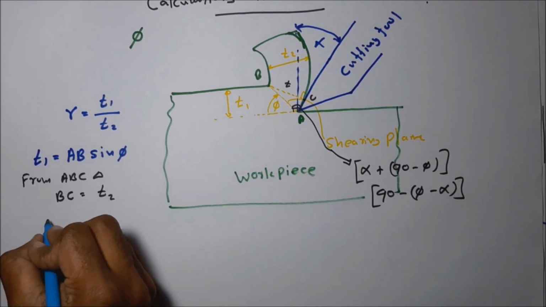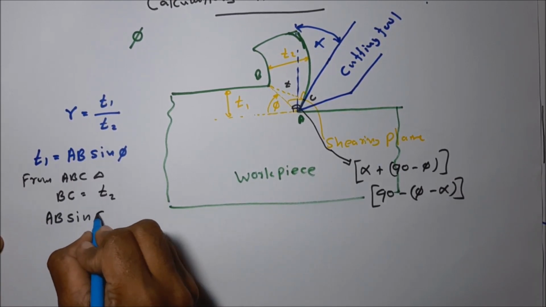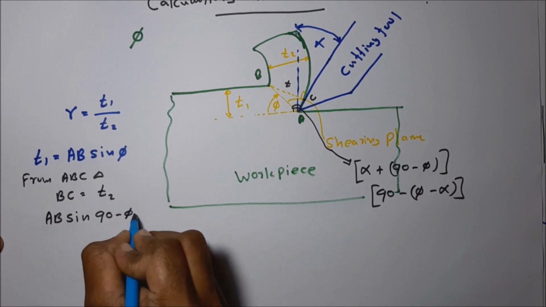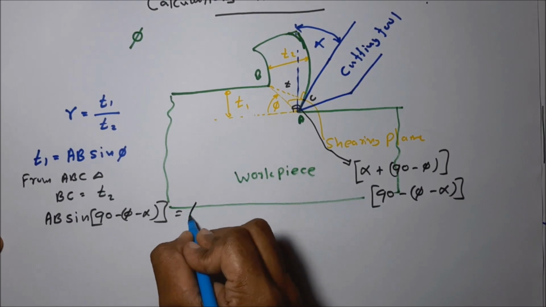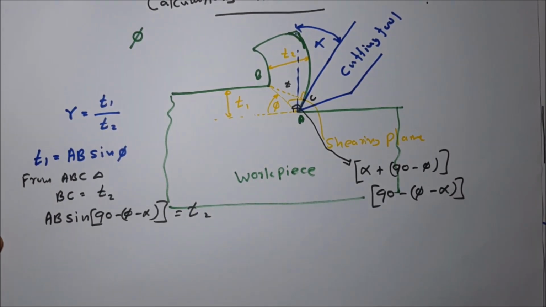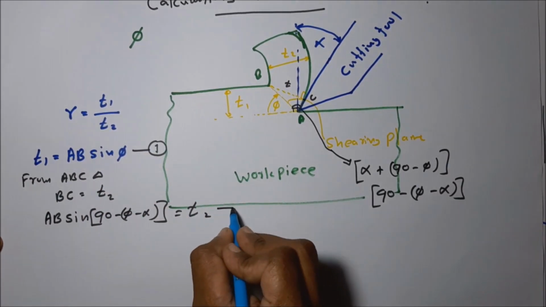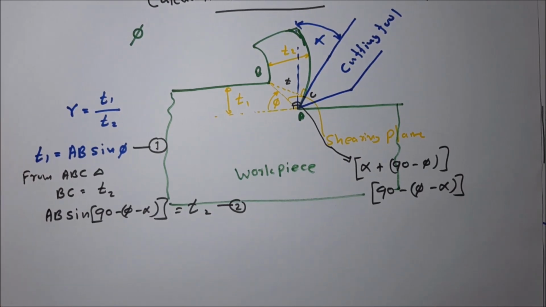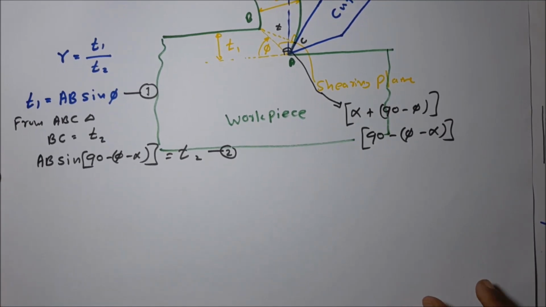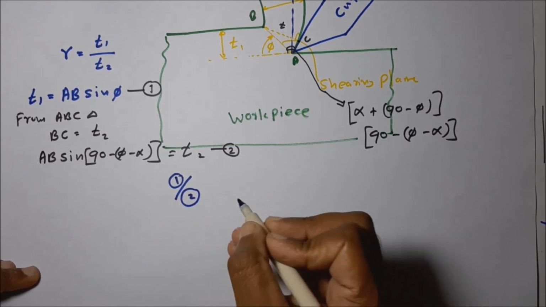Then AB sine of 90 minus phi minus alpha is equal to t2. Let's take this as equation 1 and this as equation 2. I am going to divide equation 1 by equation 2.